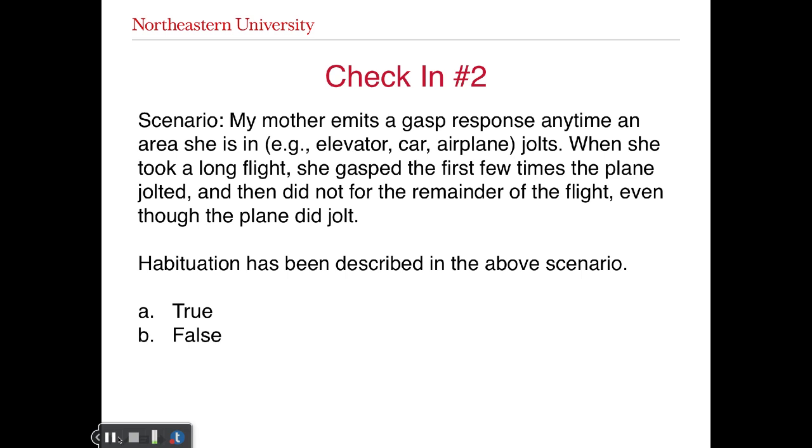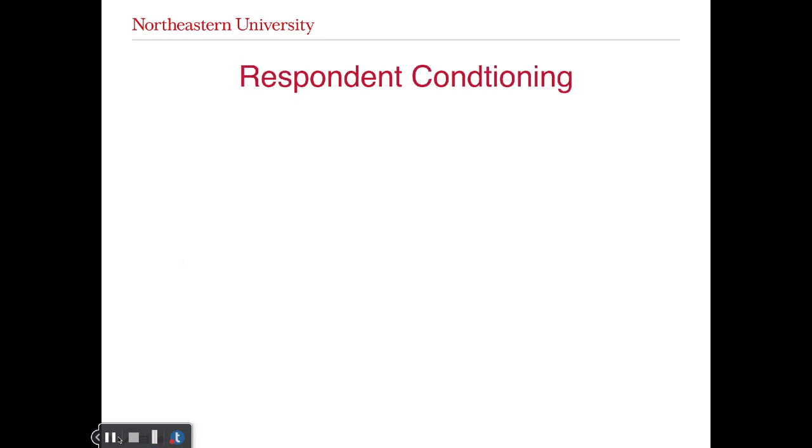So, when on an airplane, if that gasp response was elicited at the beginning of flight, and then as jolting happened more and more often, it decreased, would this be an example of habituation? I hope everybody said true. Absolutely. It's the definition pretty much exactly of habituation.